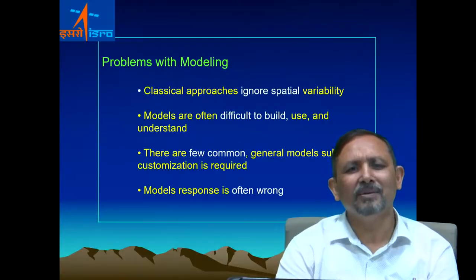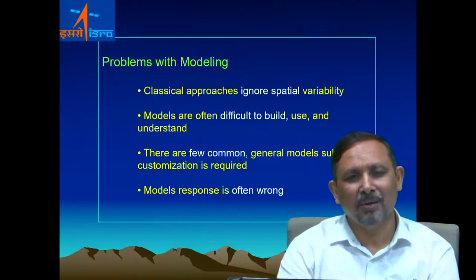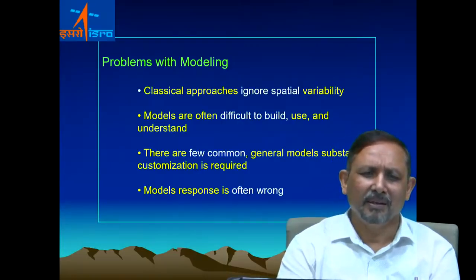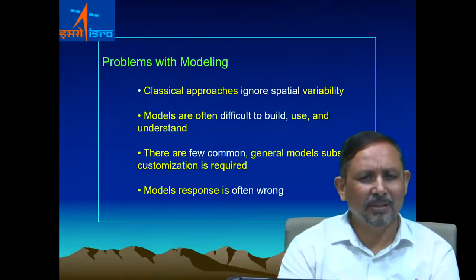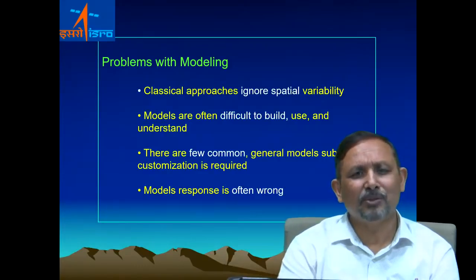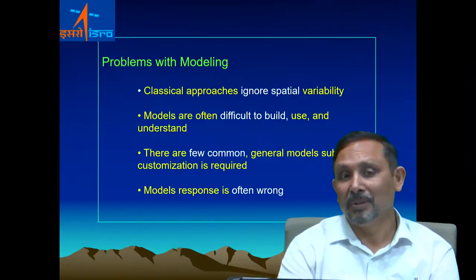So field level and plot level erosion assessment models are there. But in GIS and remote sensing, we are going for spatial assessment of soil erosion, where this field plot model is a point based model, so it ignores the spatial variability.